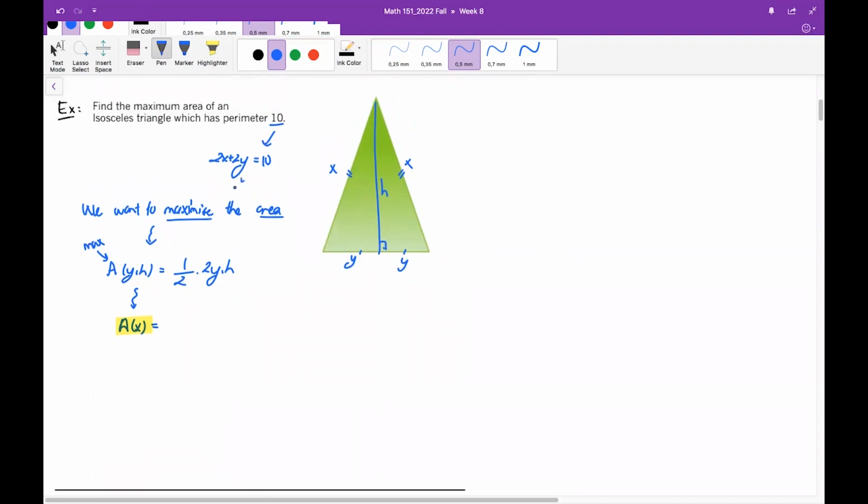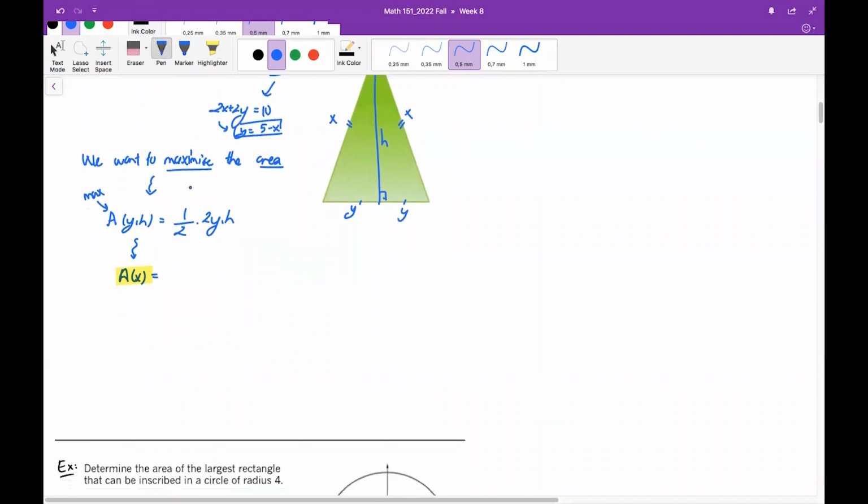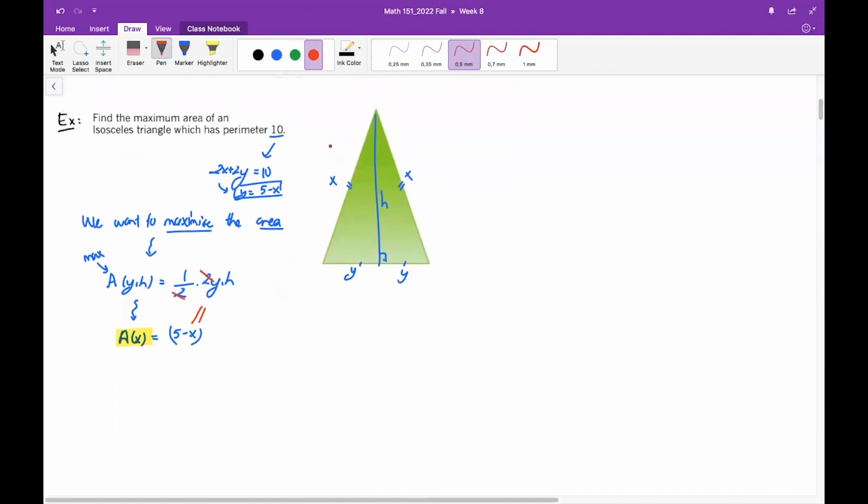And from here, what you have, y equals 5 minus x, right? You see, we already write the y variable in terms of x. Okay, so area becomes 5 minus x, which is y. And is it also possible to rewrite h in terms of x?